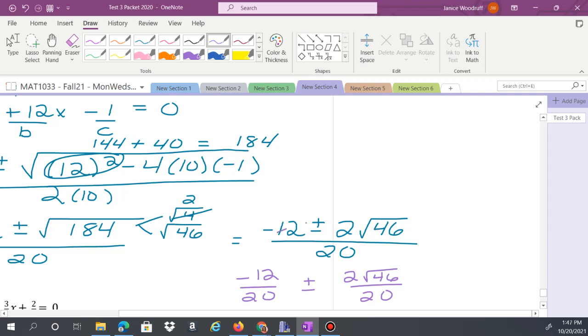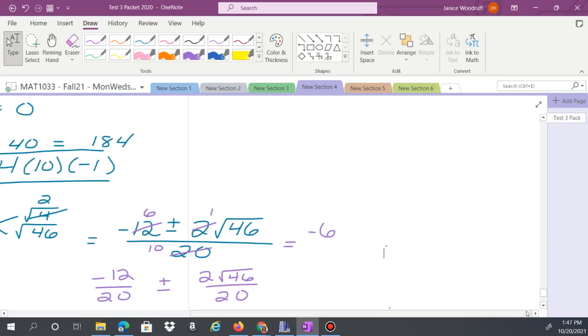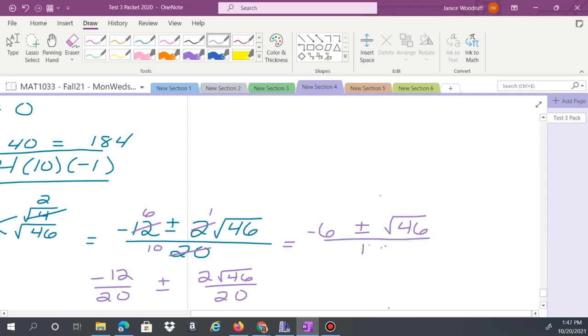So this is 6, 1, and 10, which those two could still be reduced, but if you just do it on one line like this, you got negative 6 plus or minus root 46 over 10. You could technically do that.